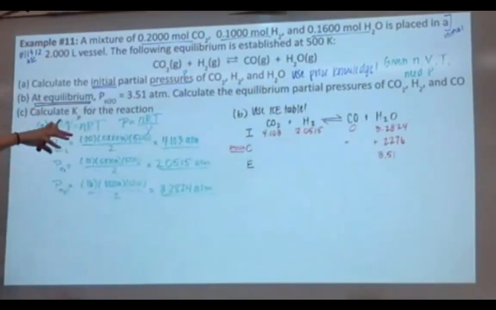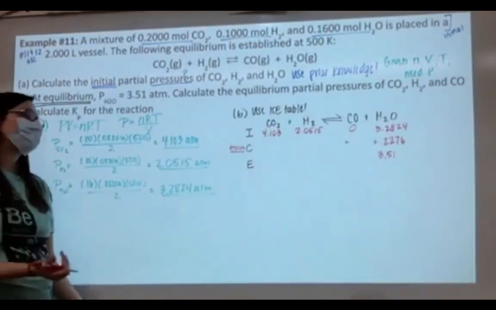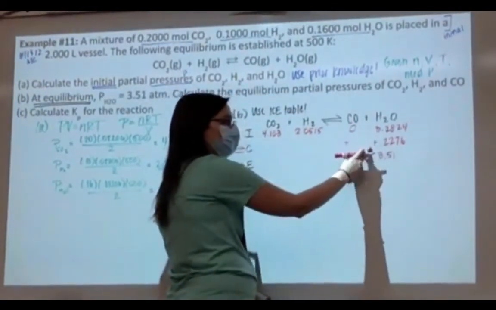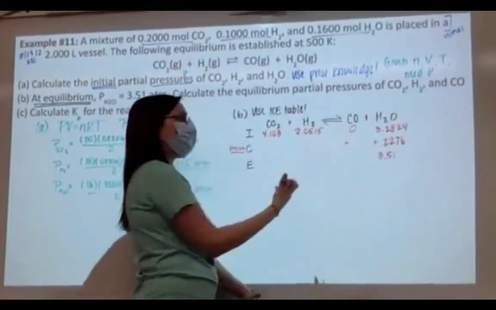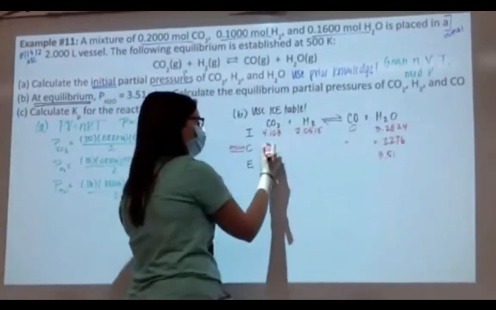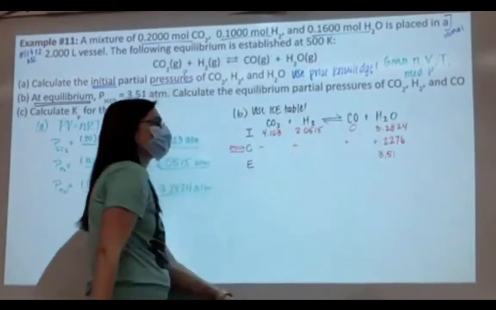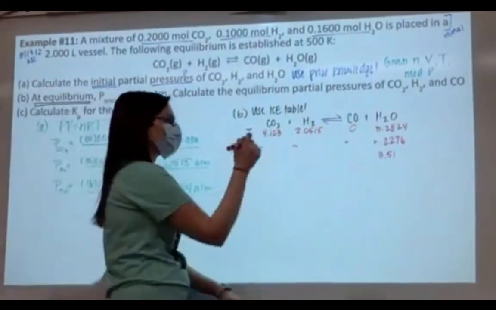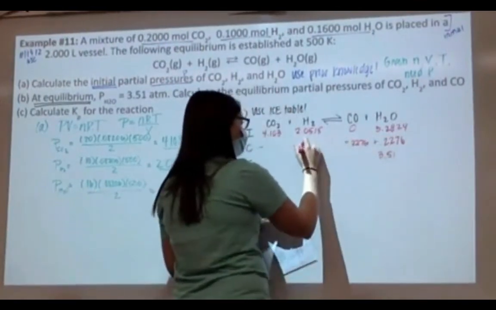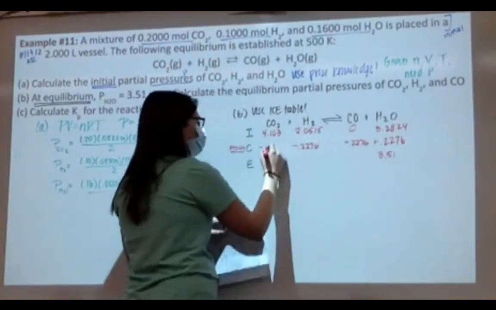Remember, one side of the double arrow should be positive. The other side will be negative because one side acts as the reactants, one side acts as the products. Because we know that water had to add to it, we should also add to CO. So this side is our products, this side is our reactants. Because all of the coefficients are the same, they're all going to change by the same amount.